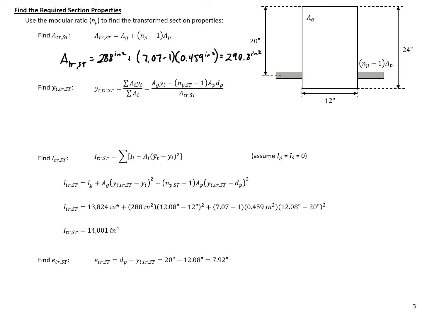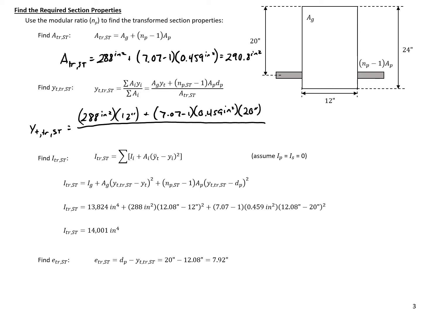Our Y top transformed short-term at release is going to be our gross area here, 288, times the distance from the top to the centroid of our gross section, plus our transformed steel, so 7.07 minus 1 times 0.459 square inches, times the distance between the top and the centroid of the strands, which is just dp, 20 inches.